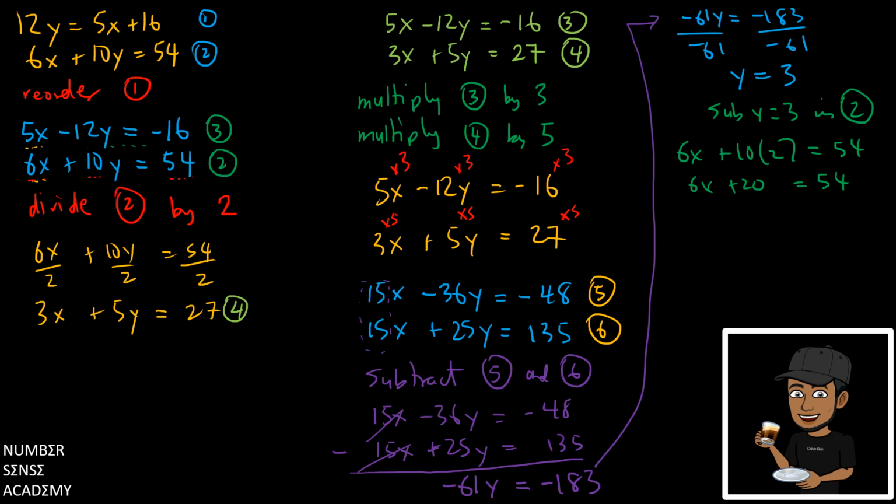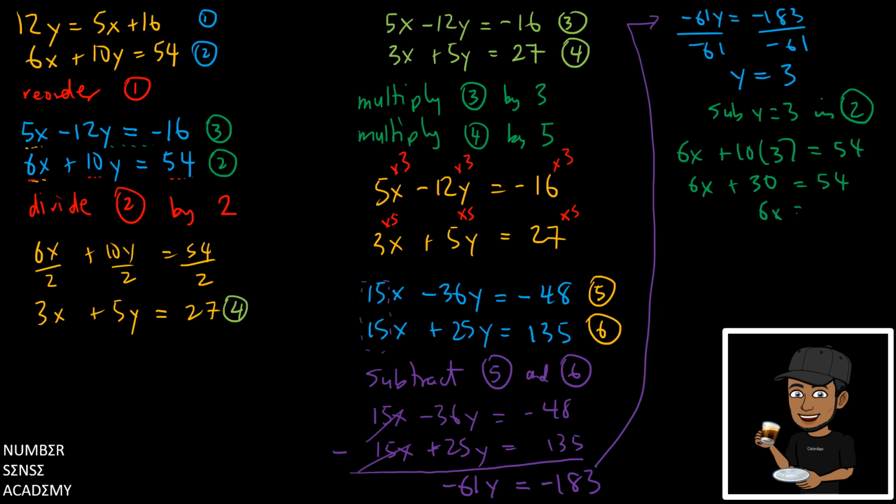No, not 10 times 2, 10 times 3. What am I doing? That's how you make mistakes that mess up the whole deal. 10 times 3, so 6x plus 30. And the only reason I caught that is because I'm like, wait a minute, 54 minus 20 is 34. 6 doesn't go into 34. But I know 54 minus 30 is 24, and 6 does go into 24.